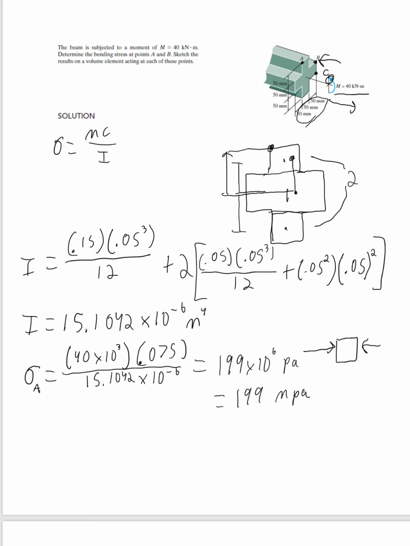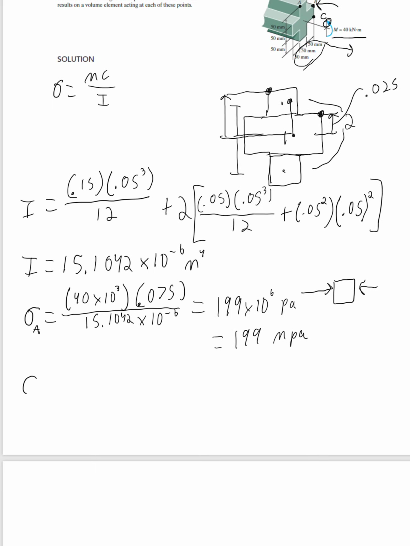So now if we look at point B, our moment of inertia is the same, our bending moment is the same. The only thing that changes is our C value. So we're here now, so our C is only to that point, which is only going to be 0.025.